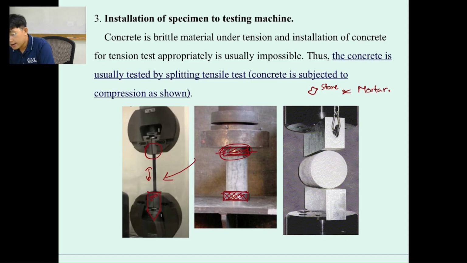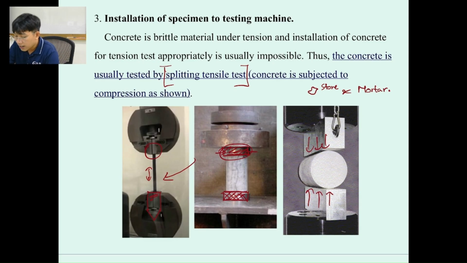If you would like to find the tensile strength of the concrete, we need to do a test called the splitting tensile test. So what is the splitting tensile test? We put the concrete over here, and then we put the vertical load on top of the cylindrical sample of concrete like this.